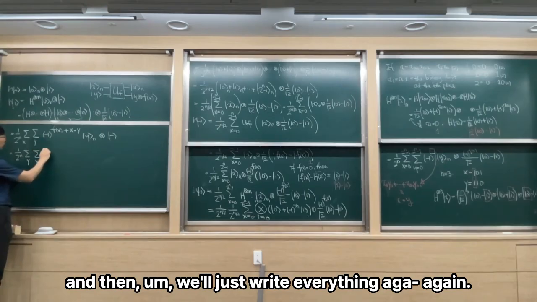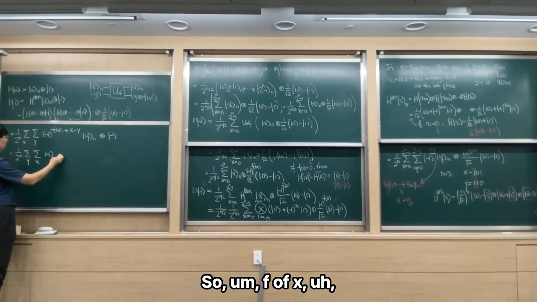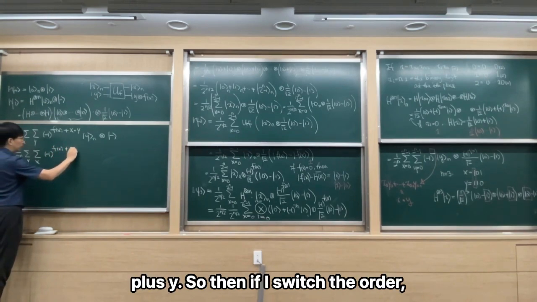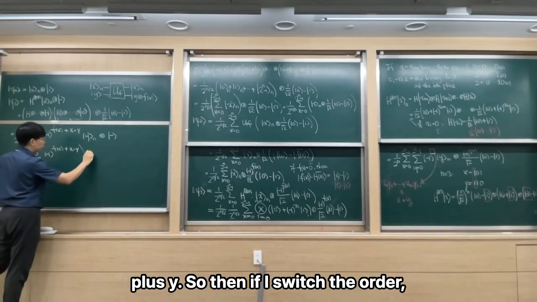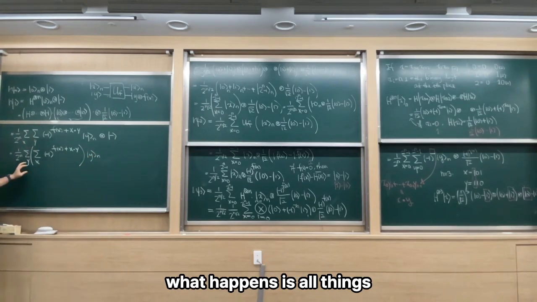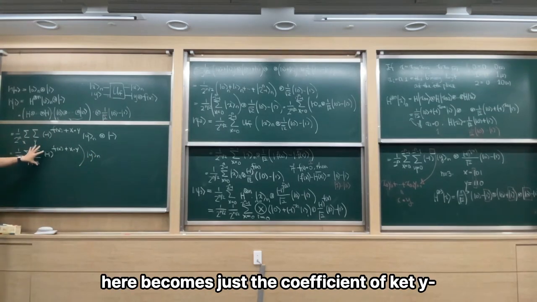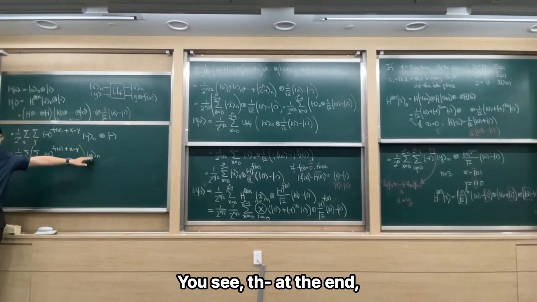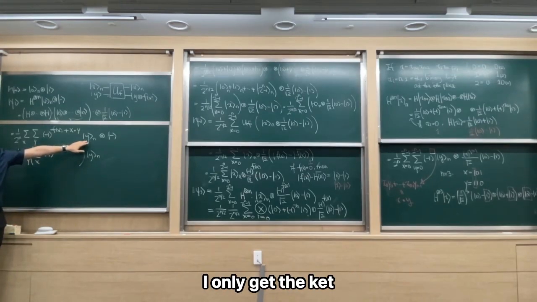We'll just write everything again. So f of x plus y. Okay. So if I switch the order, all the things here become just the coefficient of ket y. You see, at the end, I only get the ket y.